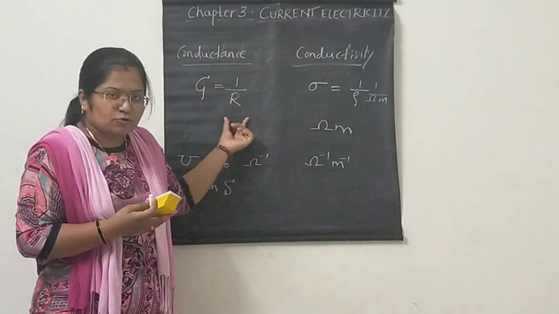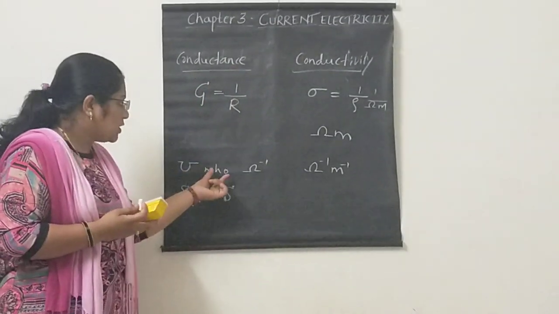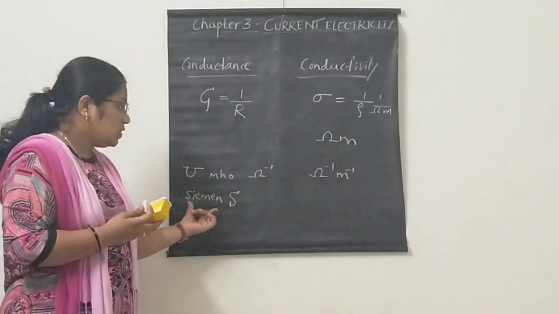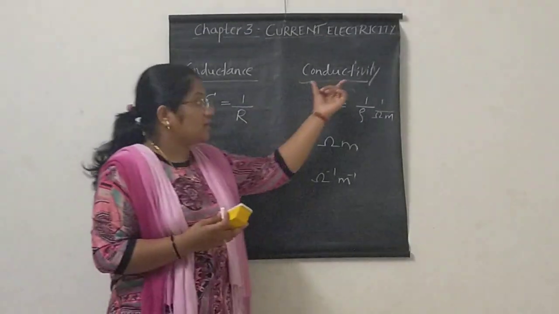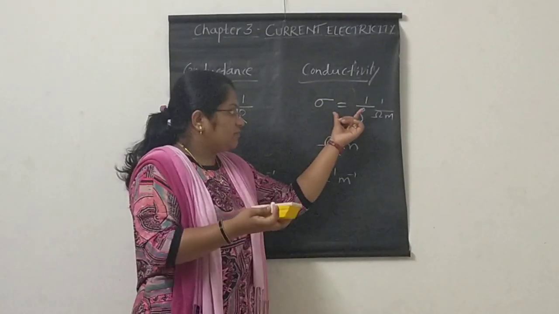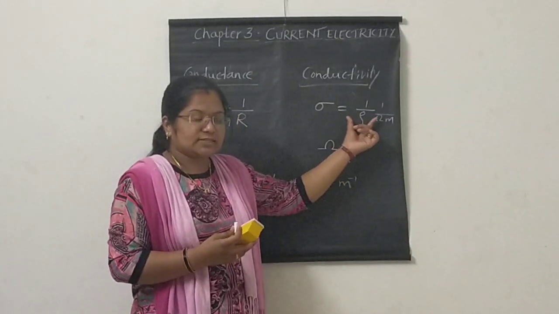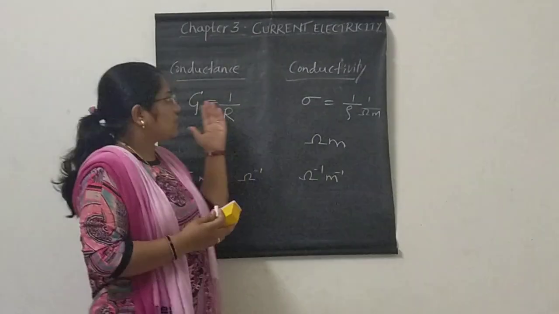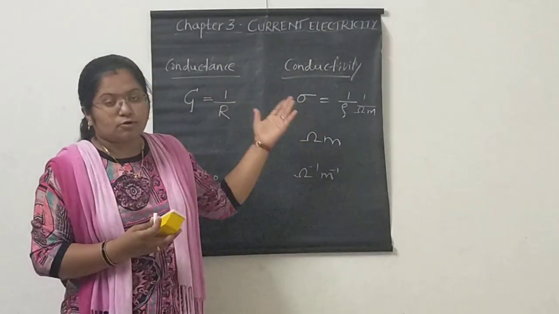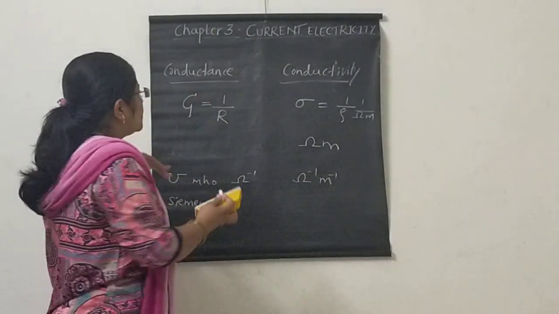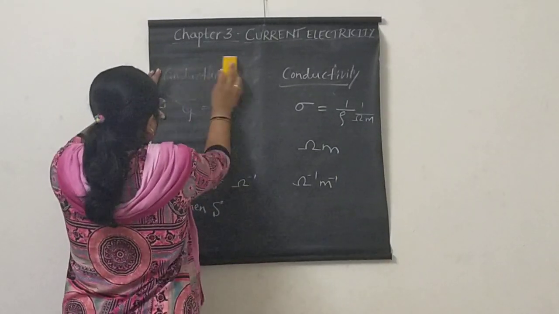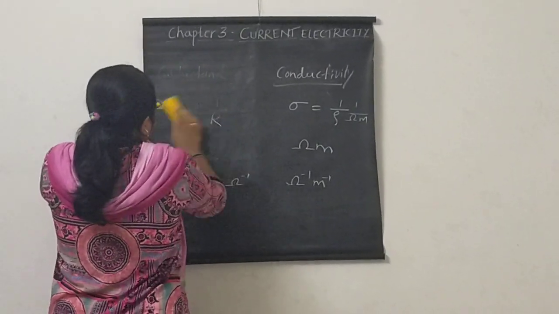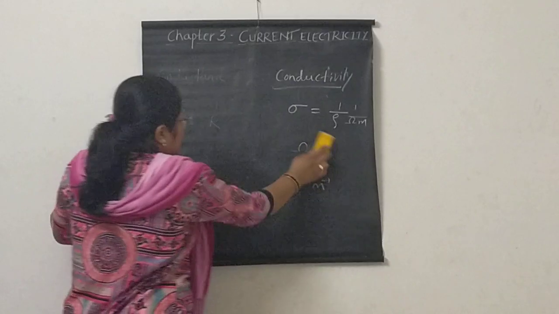Conductance is the inverse of resistance, and its SI unit is mho, per ohm, or Siemens. Conductivity is the inverse of resistivity, and its SI unit is per ohm per meter. Understood? These are the two important definitions we are studying here. So we have studied current density, conductance and conductivity.